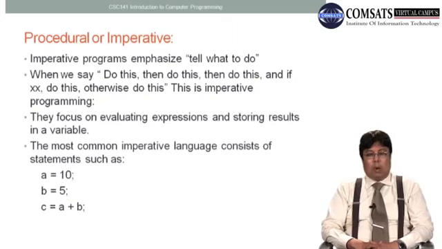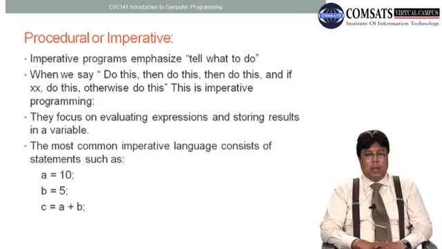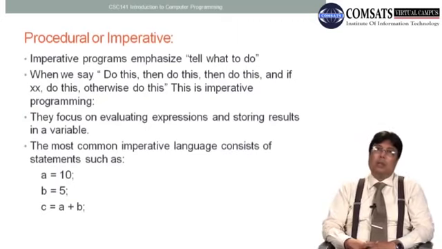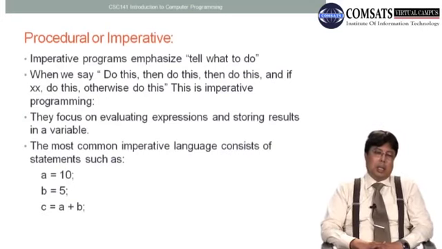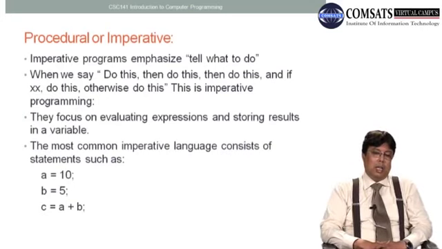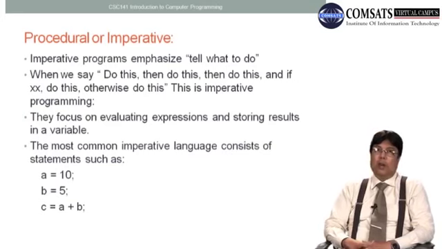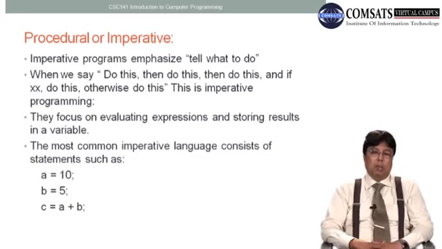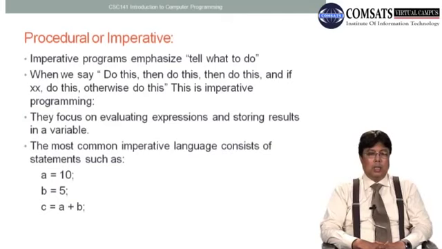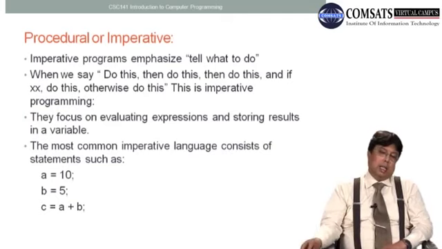The most common imperative language consists of statements such as, suppose A is equal to 10, B is equal to 5, then we say C is equal to A plus B. So this is basically an example of an imperative language.